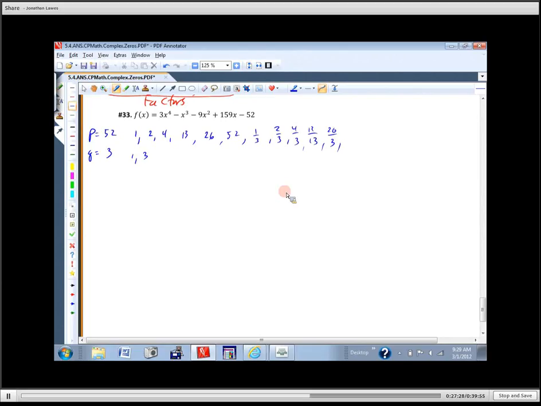Okay. 52 divided by 3. Is it going evenly? Nope. Holy cow. Plus or minus in front of every one of those.